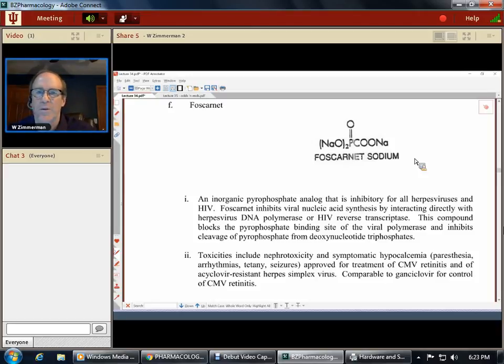So why would we use it? Well, it's this strange-looking inorganic pyrophosphate analog, inhibitory for all herpes viruses. It'll even work in the herpes virus that's TK negative.